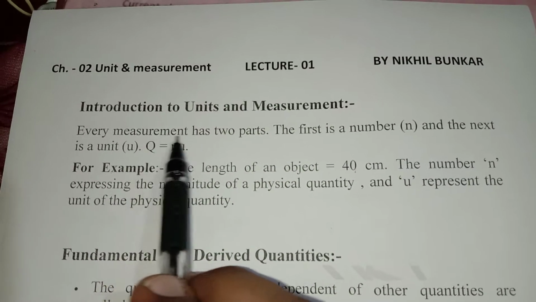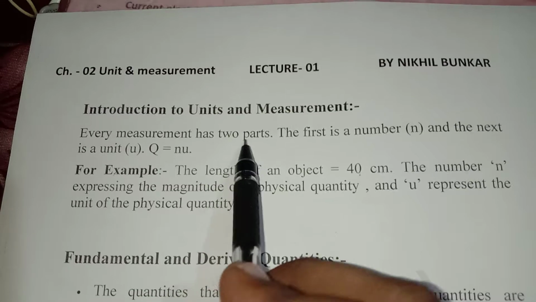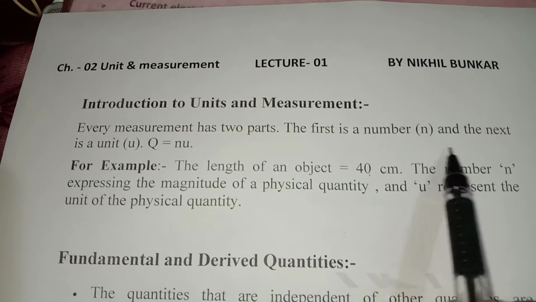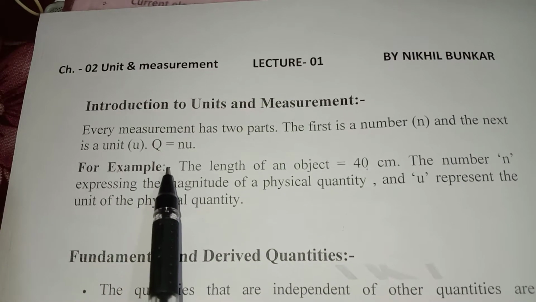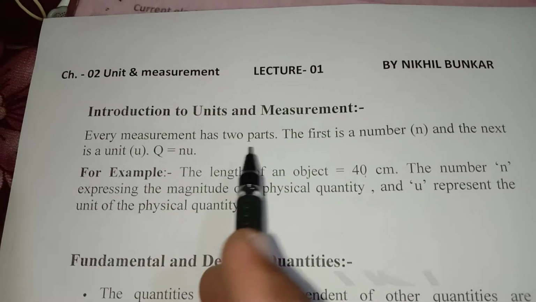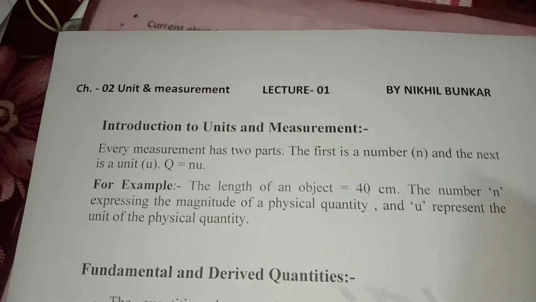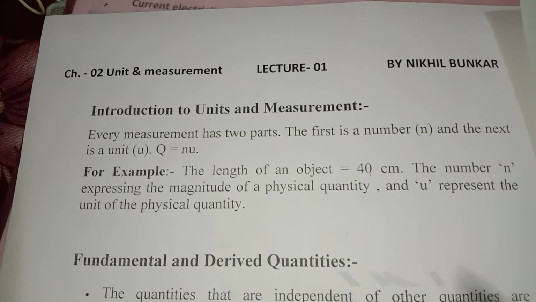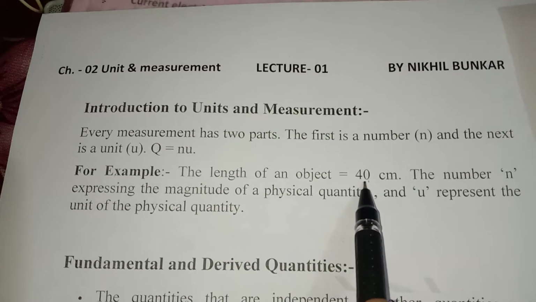Every measurement has two parts. The first is the number n and the next is the unit u. So we can write Q equals n u. According to this, an example is: the length of an object is 40 centimeter.